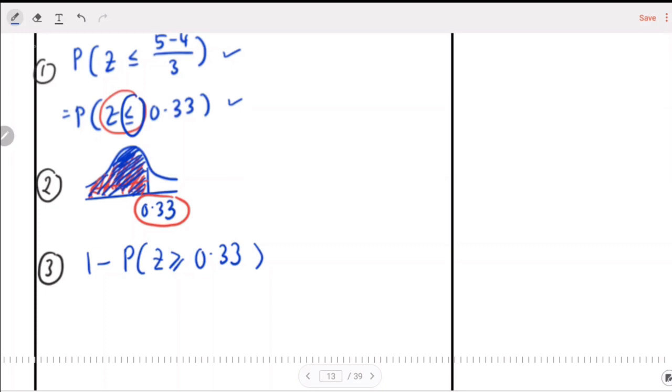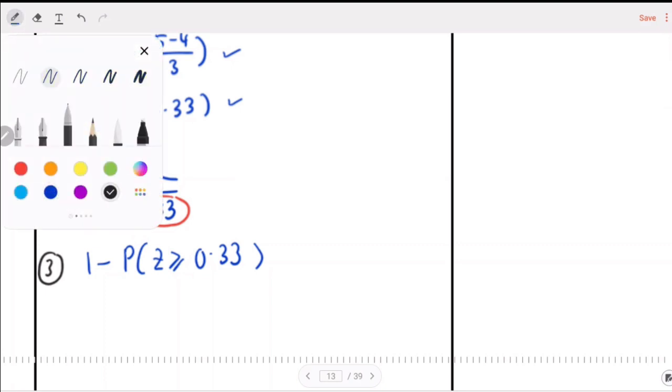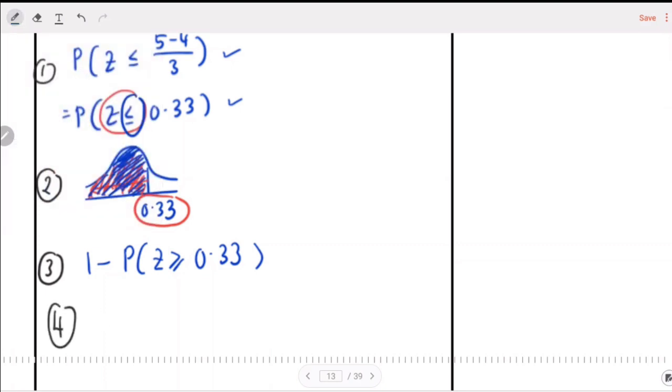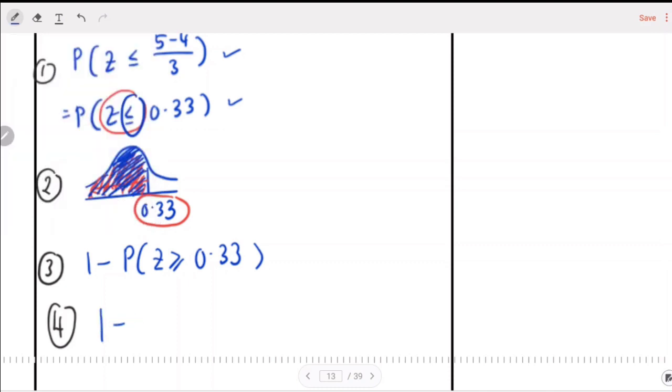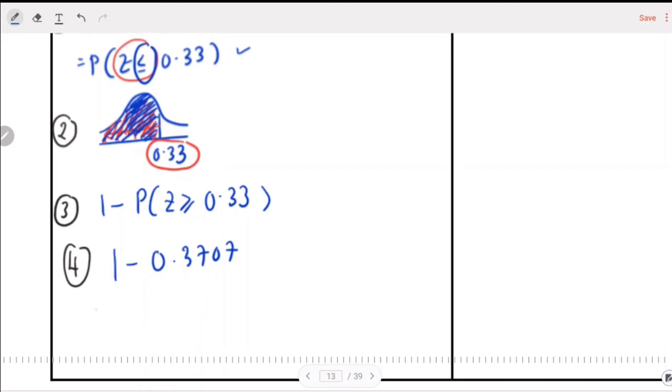and then go to the last step, which is to take a look at the standard normal table. So if you take a look at the standard normal table, you're going to get the value is 0.3707, which will be equal to 0.6293.